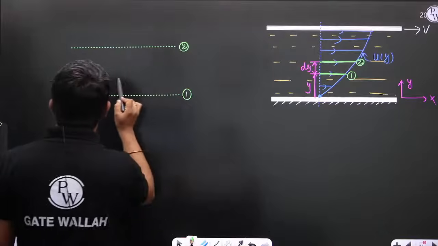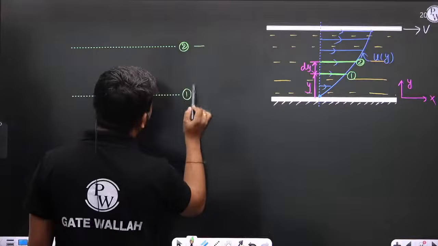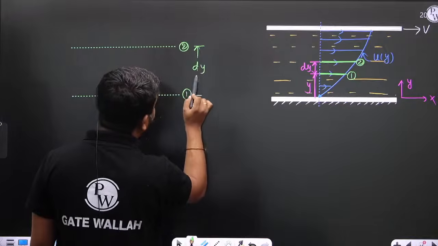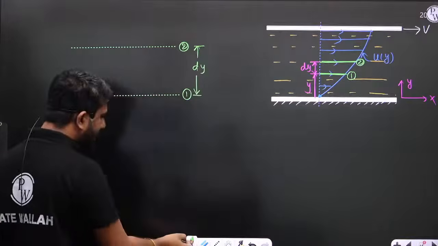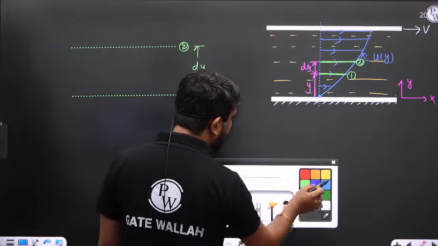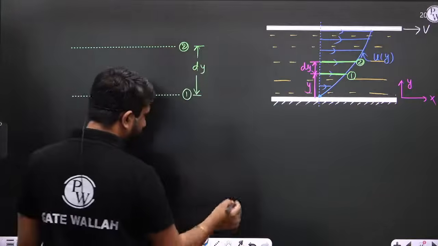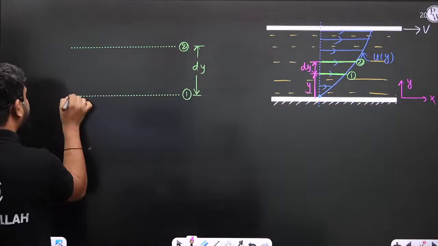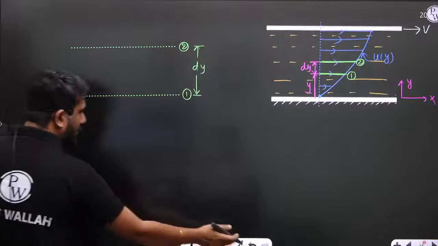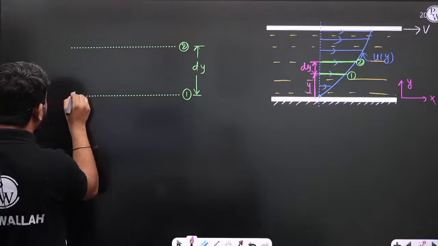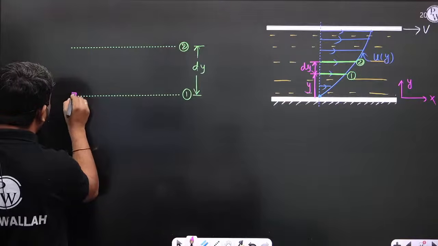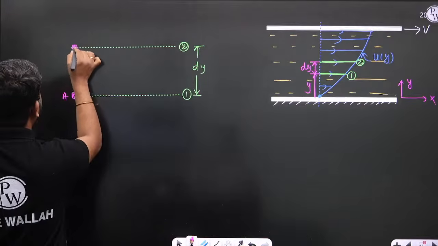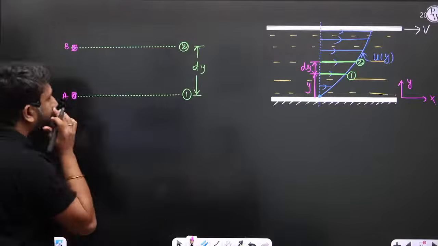The distance between layer number 1 and layer number 2 is dy. Now let us consider at time t is equal to 0, this is the fluid particle A, and in the other layer this is the fluid particle B.